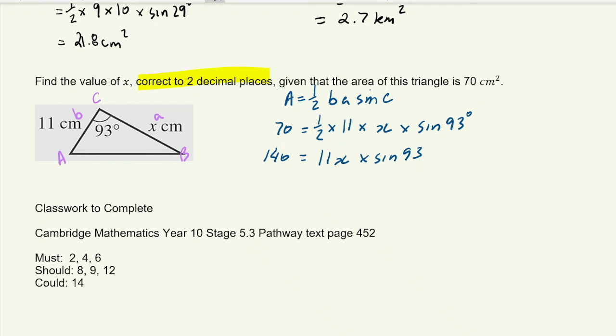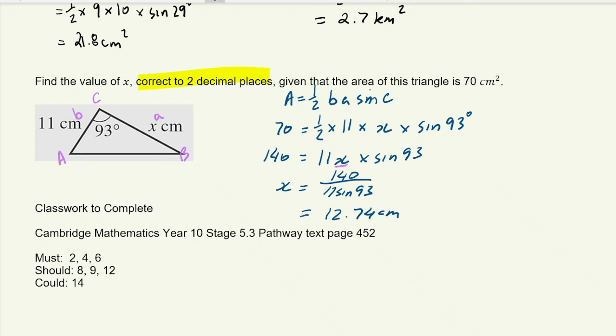Alright, and if we want to get x on its own, we kind of do want to get x on its own. So let's do that. X is going to be 140 over 11 sine 93. And that is going to get us to 12.74. And that is going to be in centimeters, and that's the length of x.